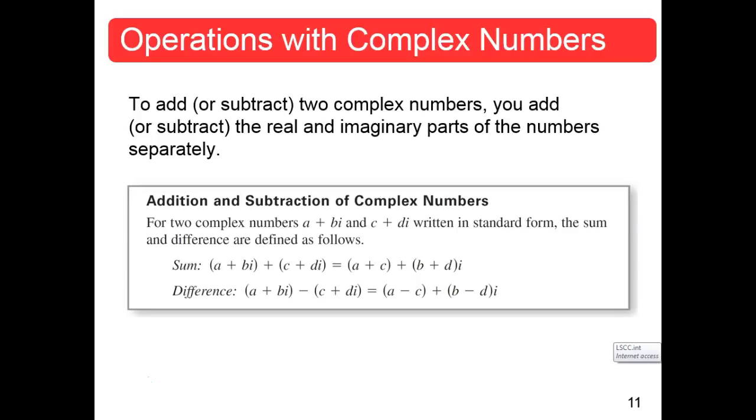You can't combine them together by addition or subtraction, so you add A plus C, that's the real part, B plus D times i, that's the imaginary part. Difference, A minus C is the real part, B minus D times i, that's the imaginary part. Just like adding like terms. You add like components, real components and imaginary components.